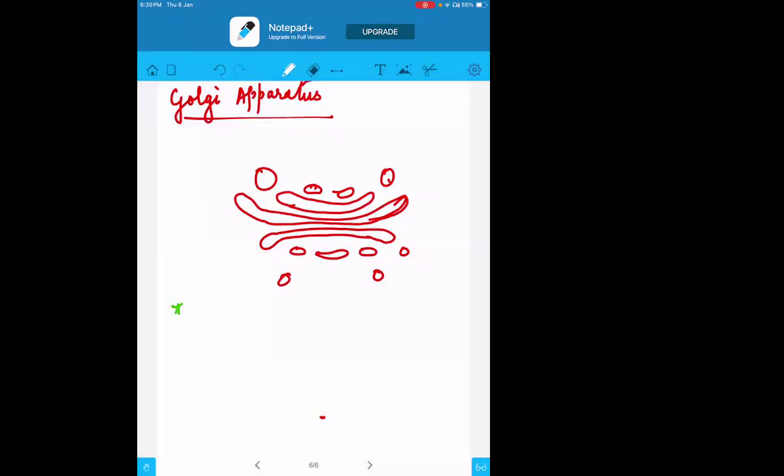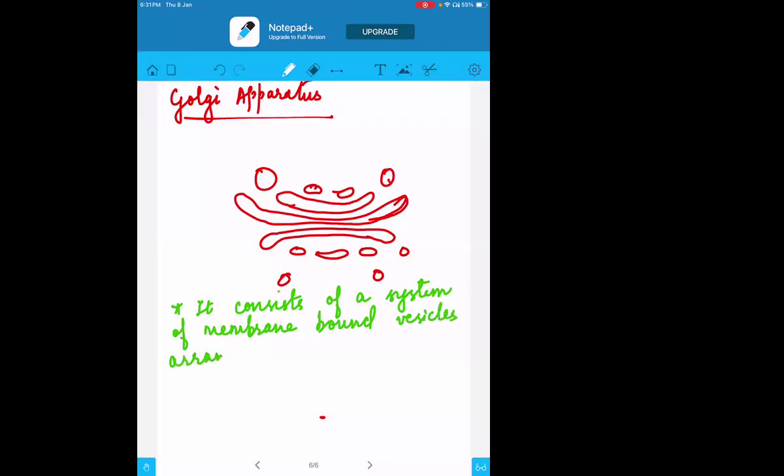So Golgi apparatus consists of a system of membrane bound vesicles. They will be arranged parallel to each other. You can see in the diagram also, whatever the stacks are there, they are arranged parallel to each other, and they are called the cisternae.